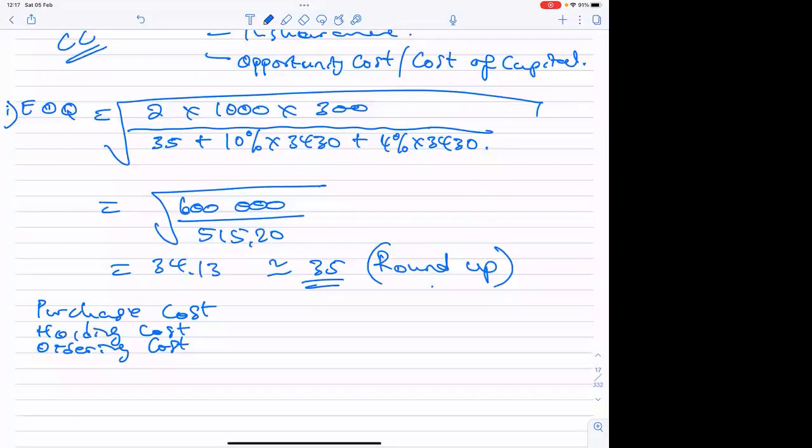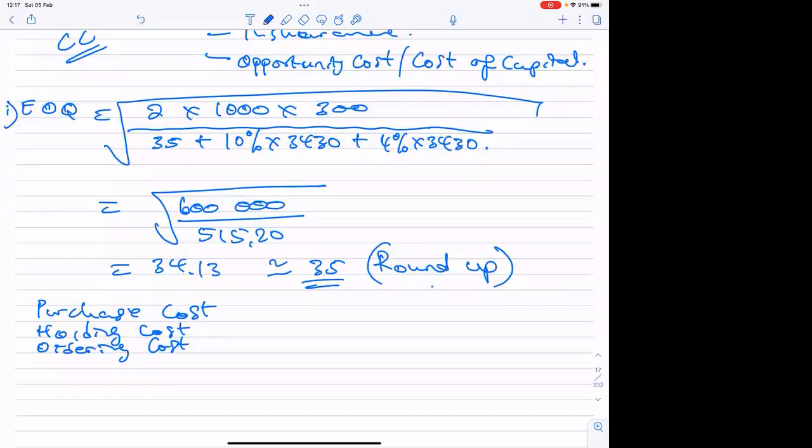There is no other quantity that is going to have a better cost than 35. So that is our optimal level of inventory, the best quantity that is going to minimize our cost.